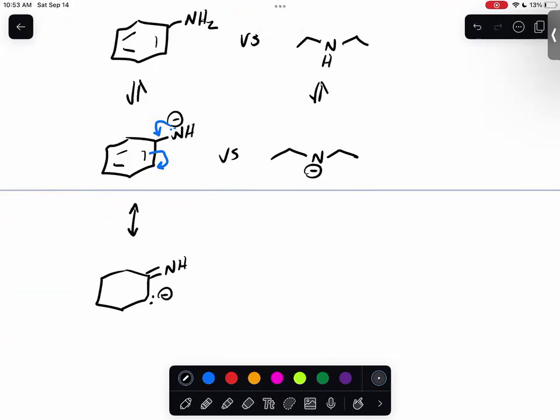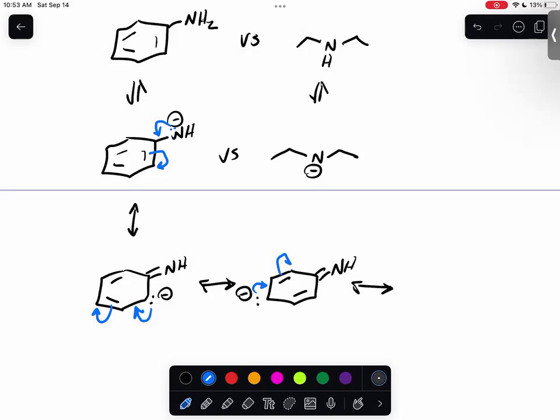And even though we know carbon does not like to be negative, that doesn't take away from the fact that it is still sharing. And as we know, sharing is stable. And it can share with multiple carbons, which is even better for us, because the more we can share, the better off we're going to be. And so there are these three resonance forms that we can draw that are all different, showing the negative charge being shared amongst all of these different atoms.